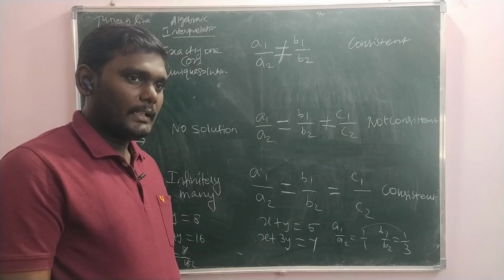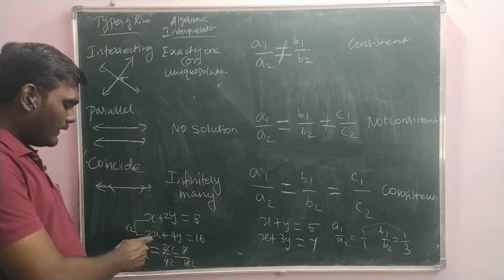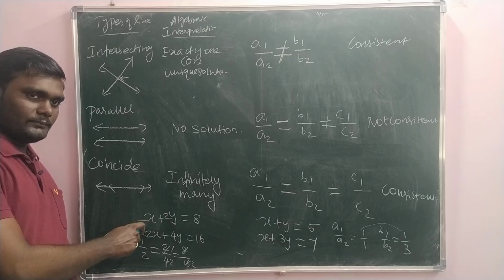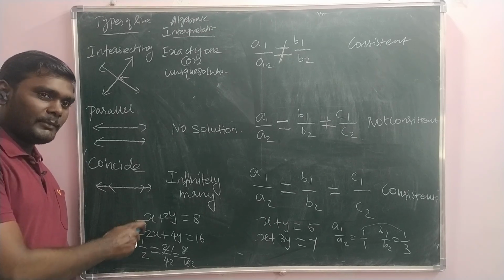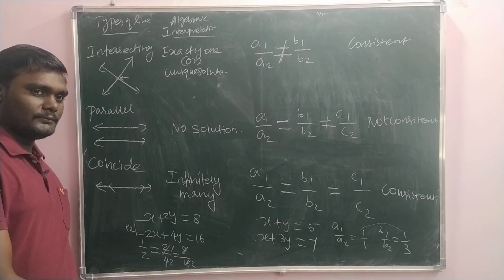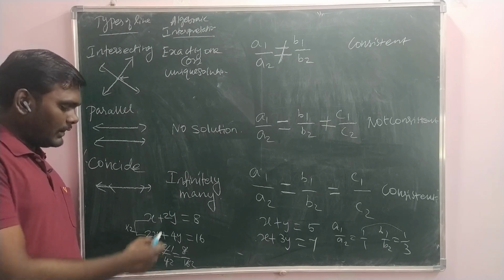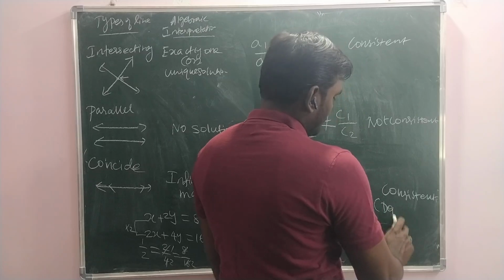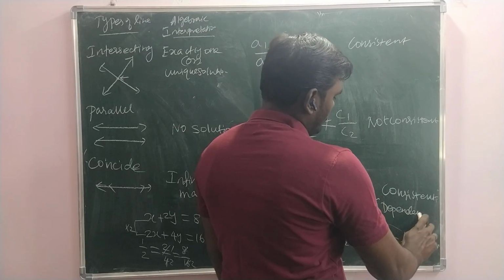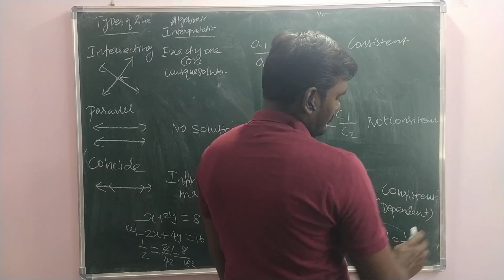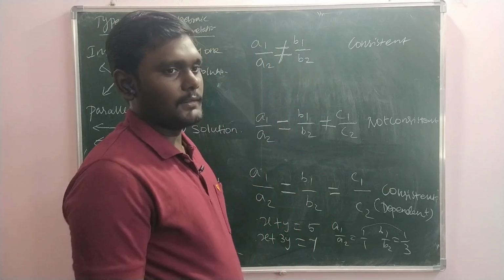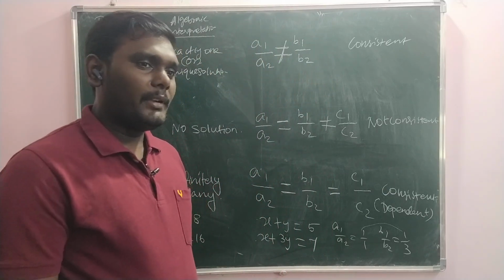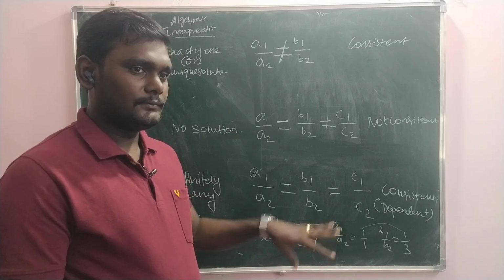This equation depends on this one. If this doesn't exist, this also does not exist, is it? So dependent and consistent, this one we call it. Then which one is independent and consistent?